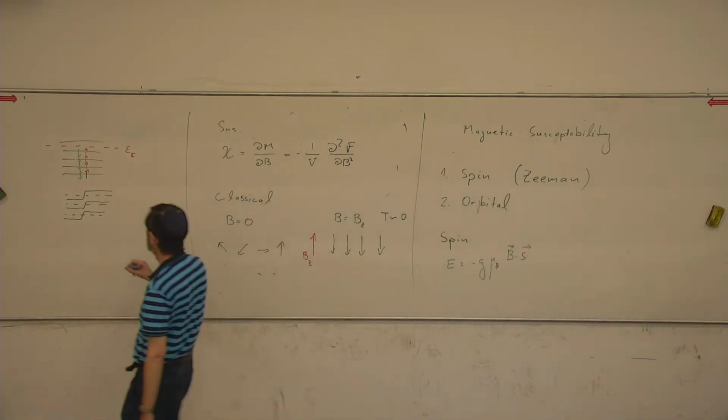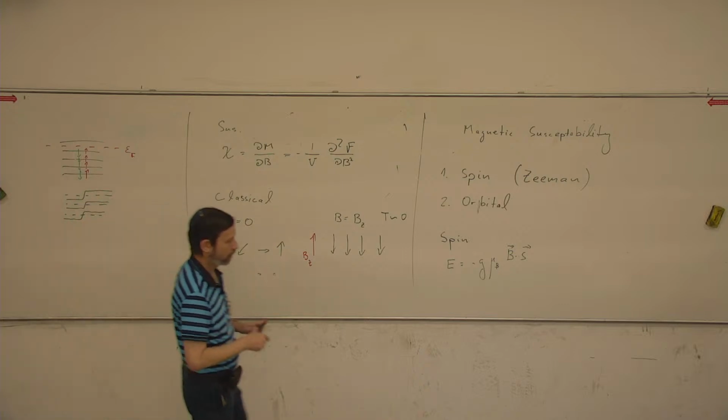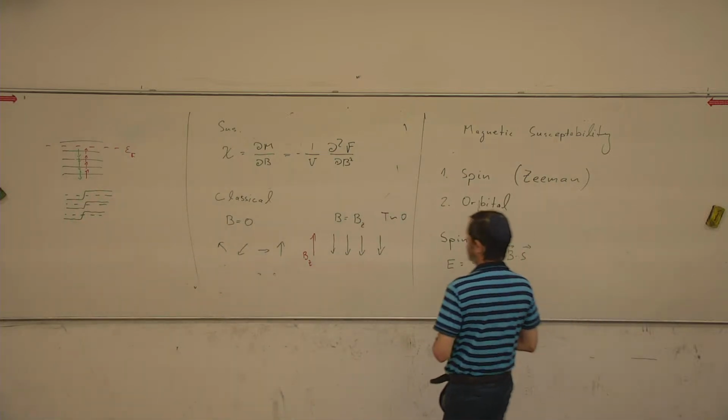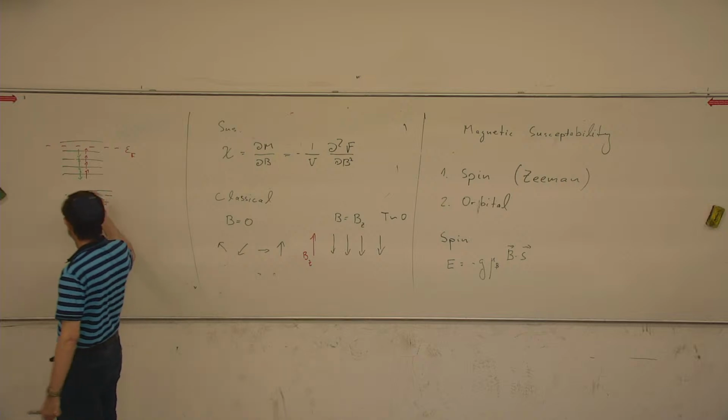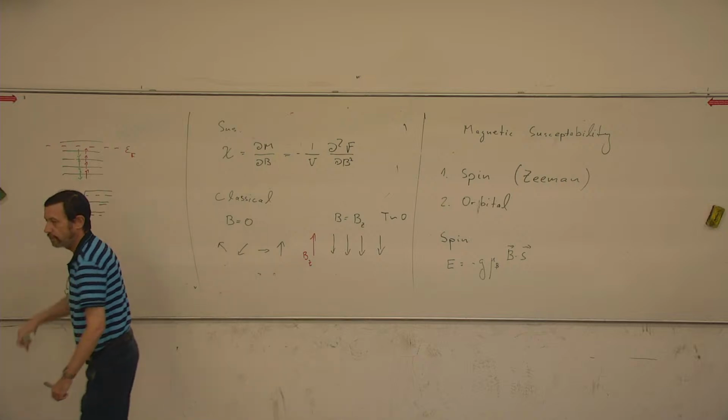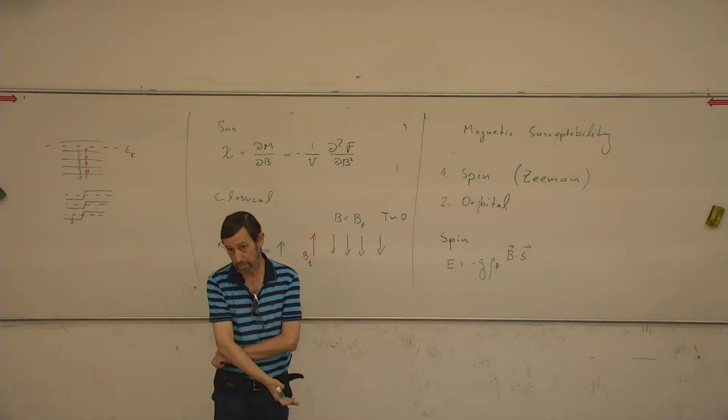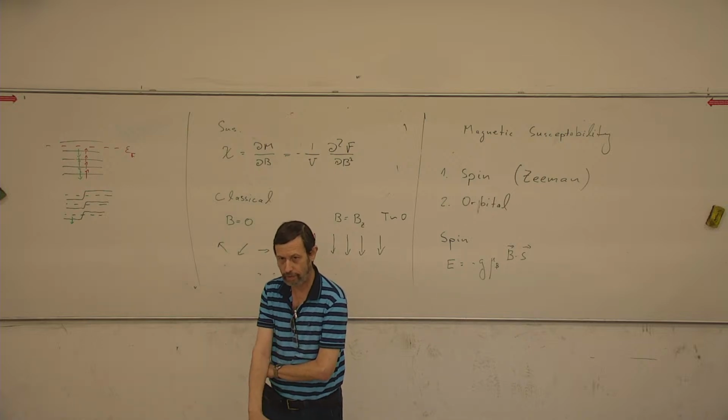So the first electron coming into the system comes in here. Okay, that's the lowest level.